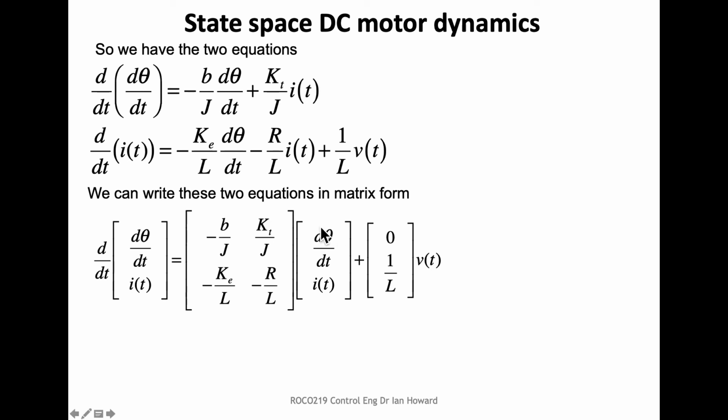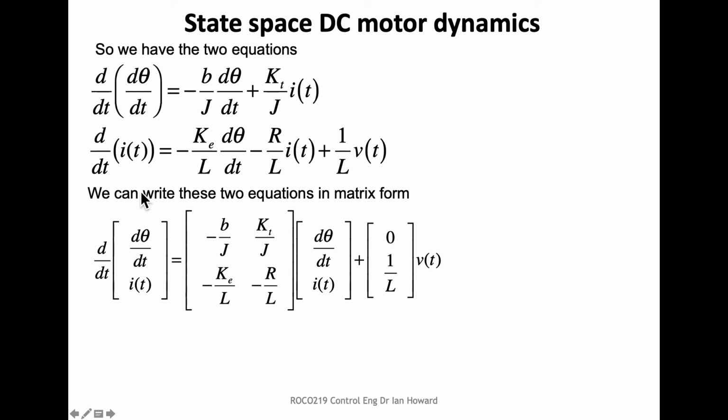So this is the state vector here, d theta dt, I of t. This is the differential of the state vector. So this bit here on the left corresponds to this. This corresponds to the state vector, and as we can see, it's now minus b over j times d theta dt plus kt over j times I of t, plus no contribution for the input.